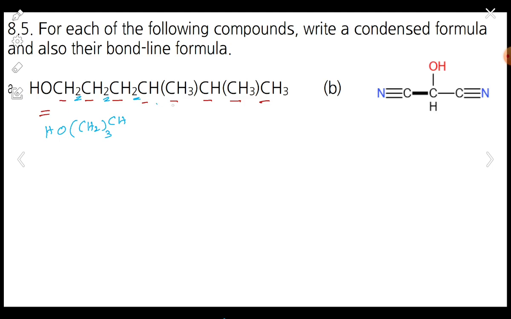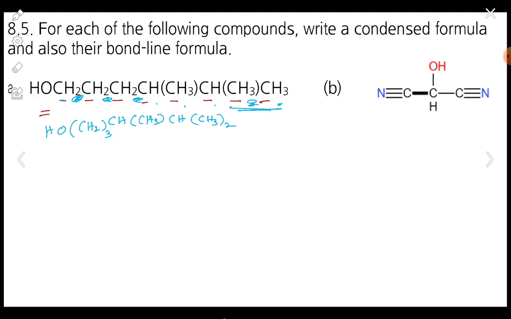Here no repetition, here no repetition, here no repetition, but here CH3, CH3, it's a twice, right? So after this CH, I will write the CH3 followed by CH, then these two CH3 twice. I think you can understand, right? So first you check how many carbon atoms are there, then check how many carbons are having the same number of hydrogen atoms.